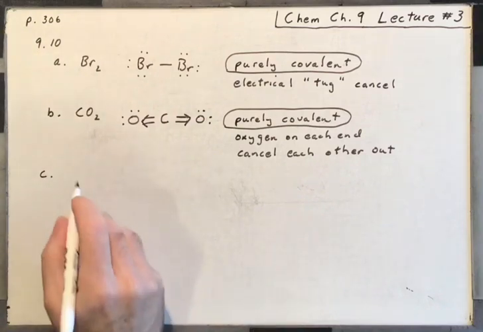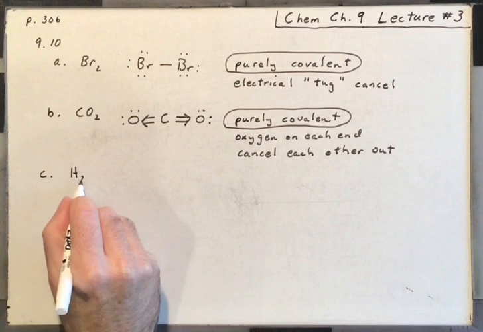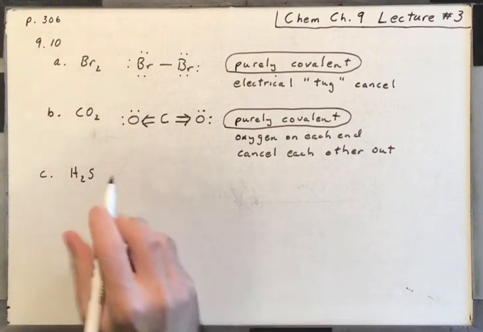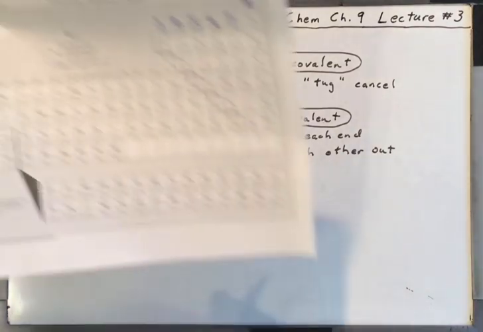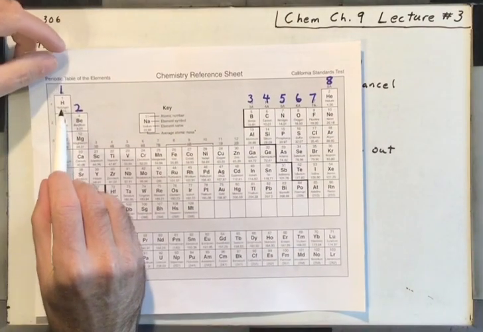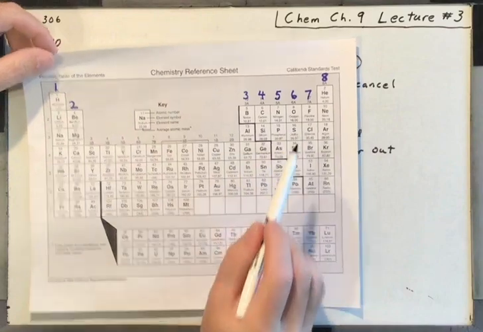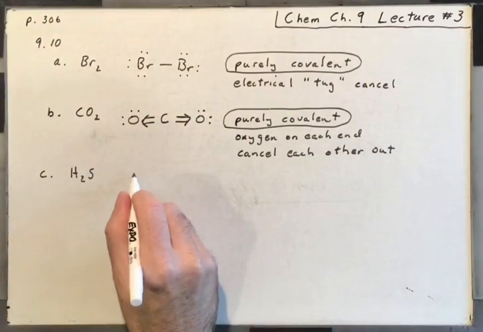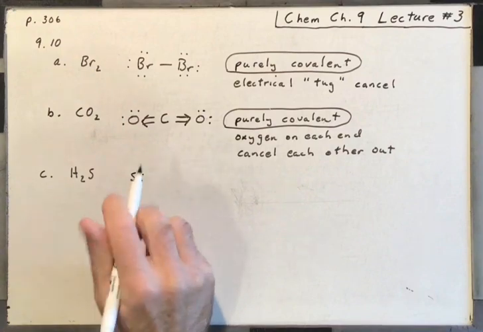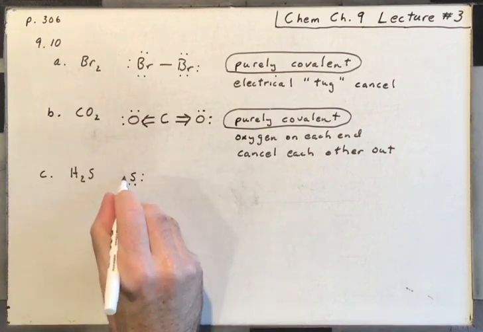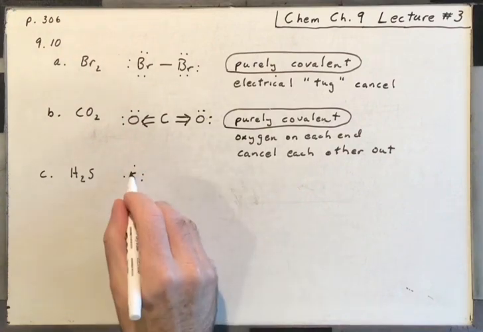All right, C is H2S. Now, I believe we've already drawn H2S. We have hydrogen with 1 valence electron, sulfur with 6. Right? If you remember, sulfur 1, 2, 3, 4, 5, 6. Each hydrogen has 1.